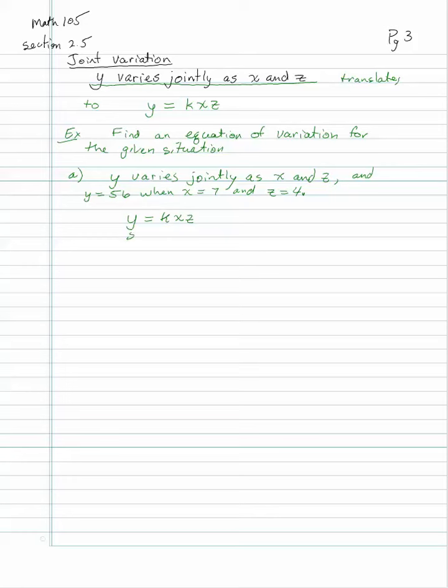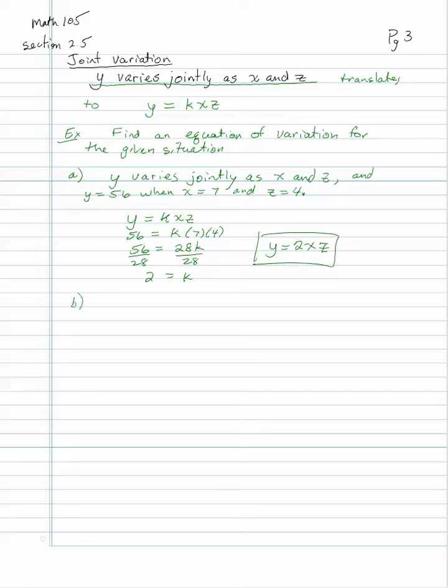So let's see, y is 56 when x is 7 and z is 4. So that's 28k, divided by 28. k is 2. And then once you have k, you can write the equation of variation with that specific k value. So y equals 2xz.